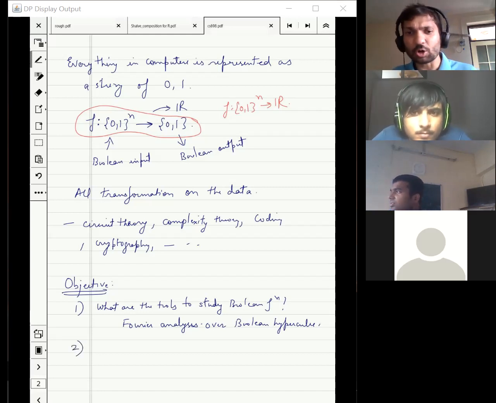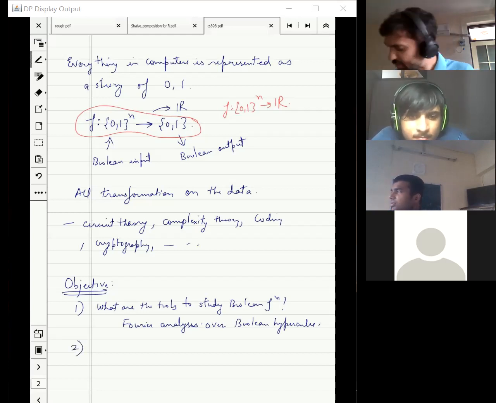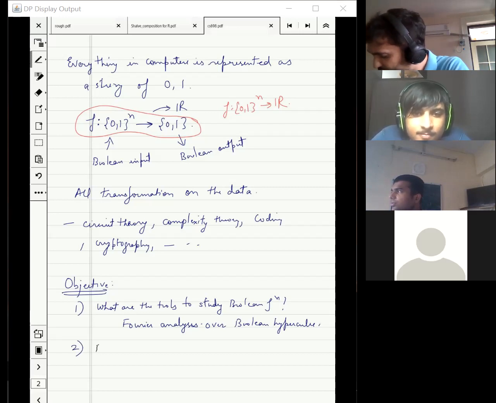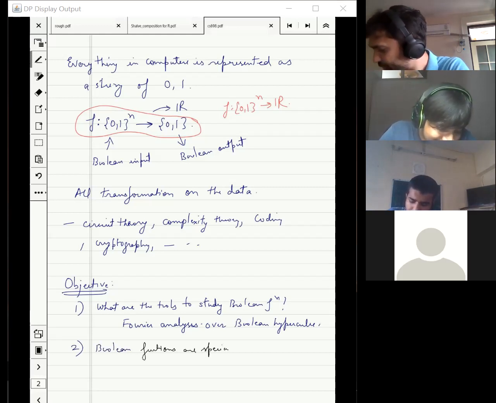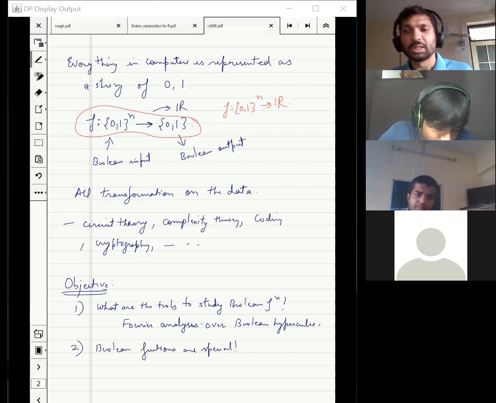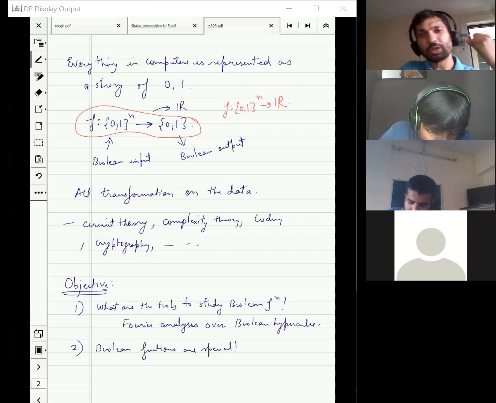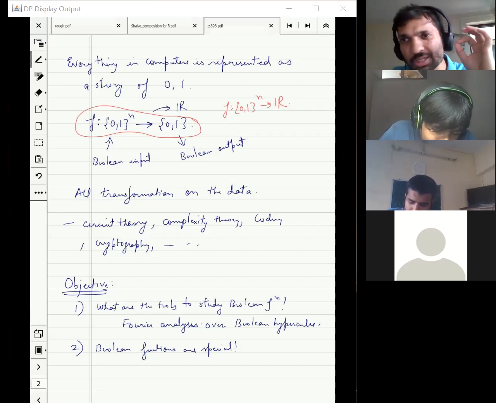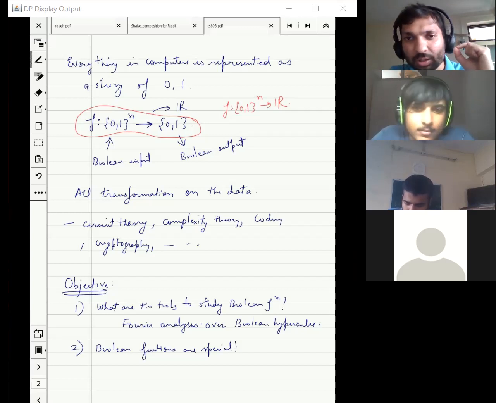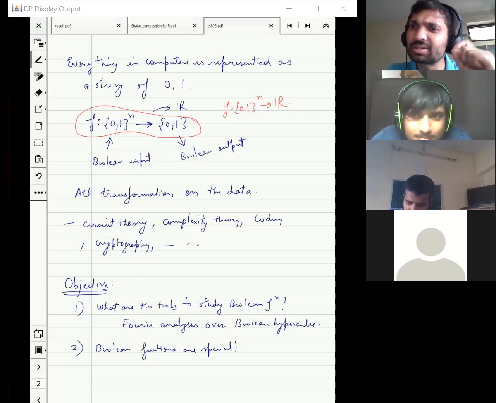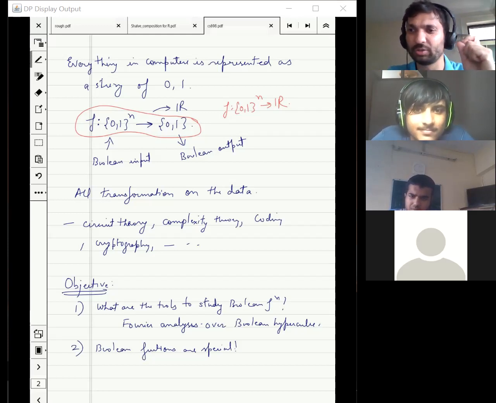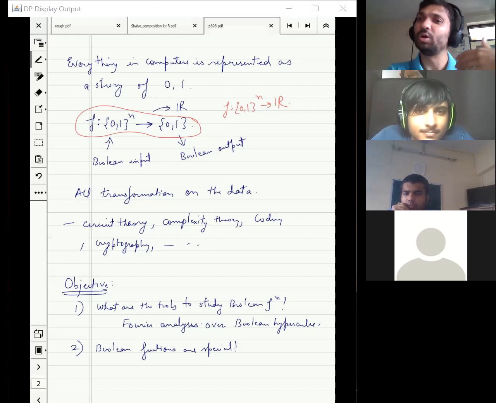Another objective of this course is to convince you that Boolean functions are special. To give you an intuition at the first line, notice that we are saying that the output is very constrained. It has only two values, no other real value.